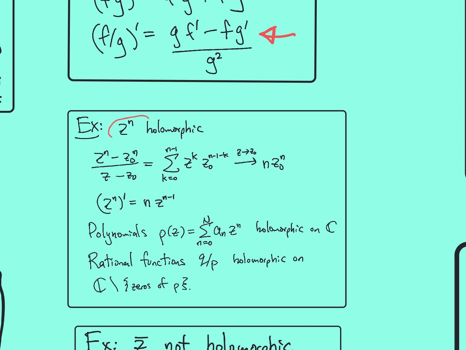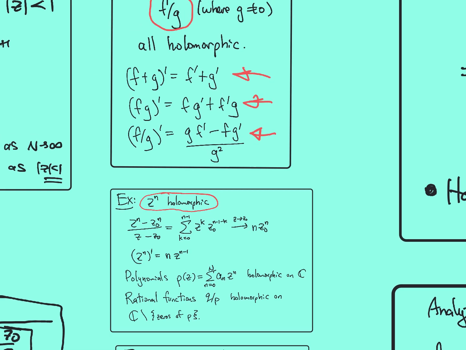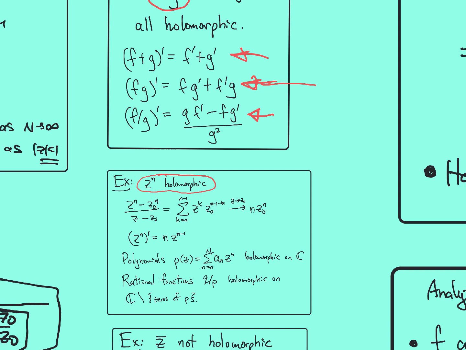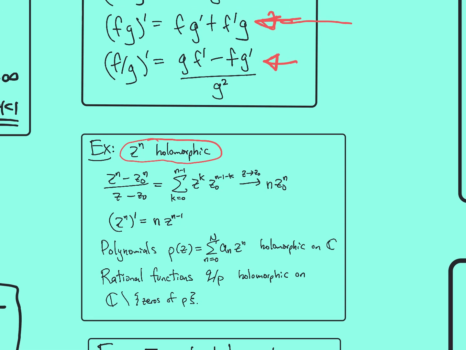So to show that z to the n is holomorphic, I could just prove that z is holomorphic, which is trivial, and then use the product rule to show that z to the n is holomorphic. But you could sit down and attempt to do it with a difference quotient, and then you just need to do a little bit of algebra using a formula like this.